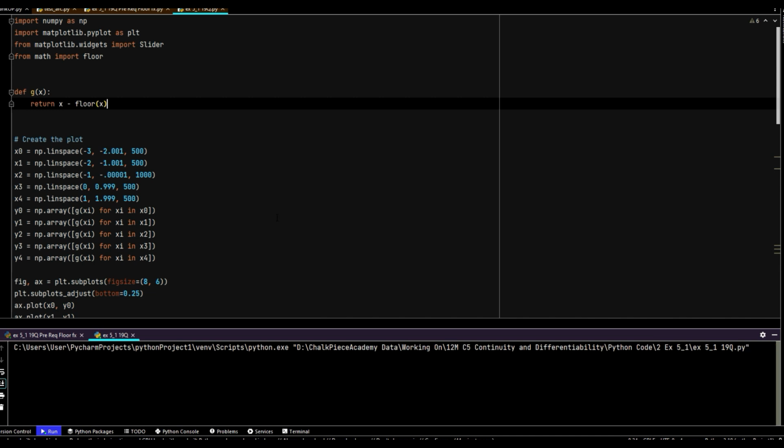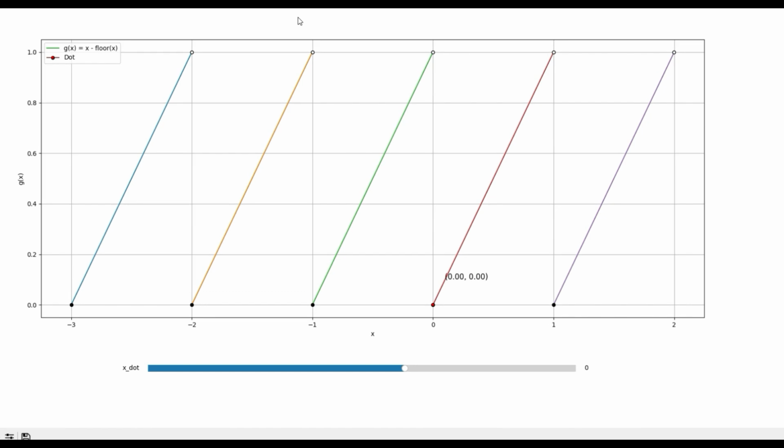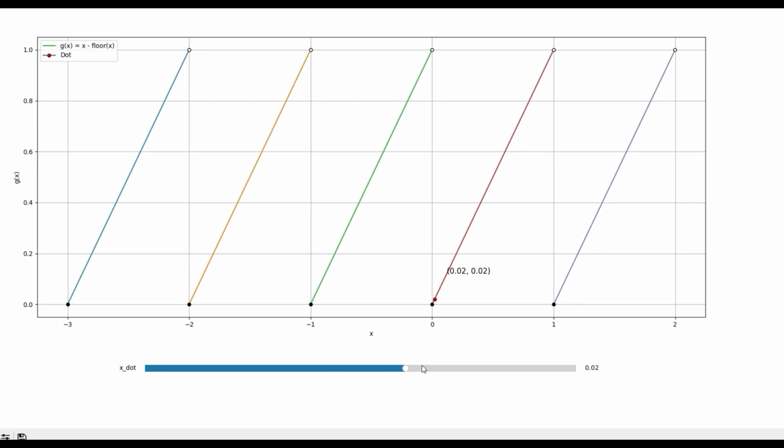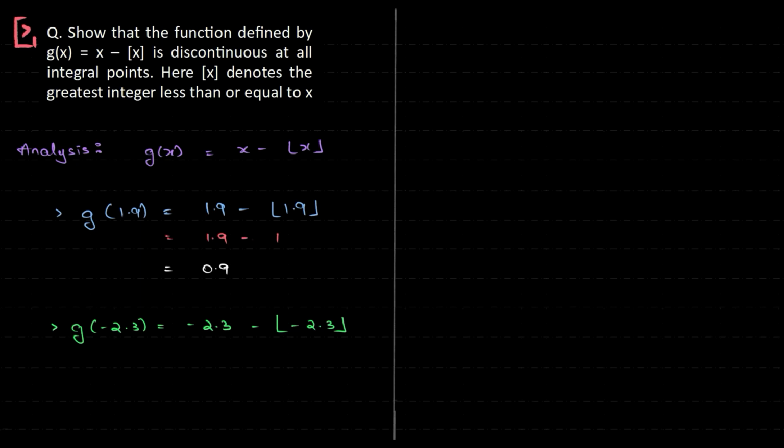Now I'll run the code and this is your graph. If I give an input of 1.9, it's somewhere over here. You can see the approximate value is 0.9 itself. So the answer over here is 0.9, that's correct.